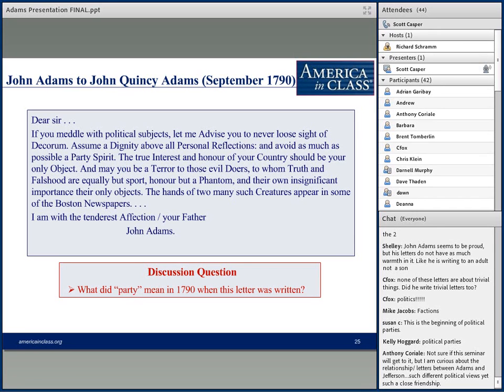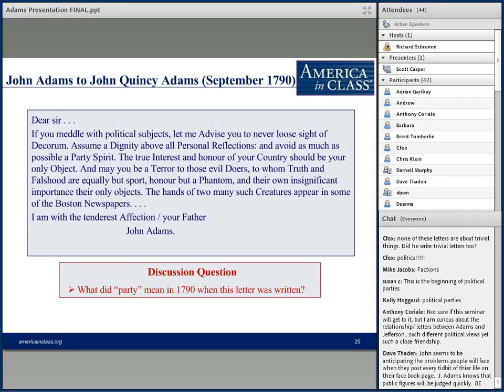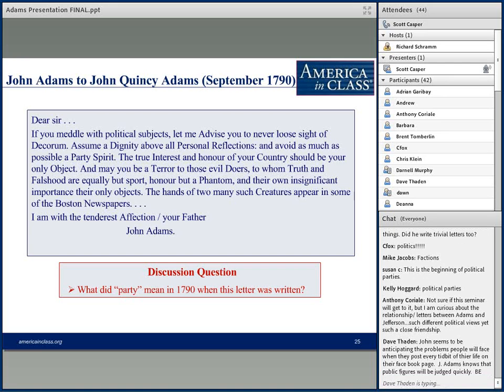What people might write is, if I don't agree with you, then you are part of a party or part of a faction. I represent the true interest of the country, the public good, the general interest. A person would almost never identify himself or herself as belonging to a party. Instead, party was what you called the other guy, what you called your opponent.